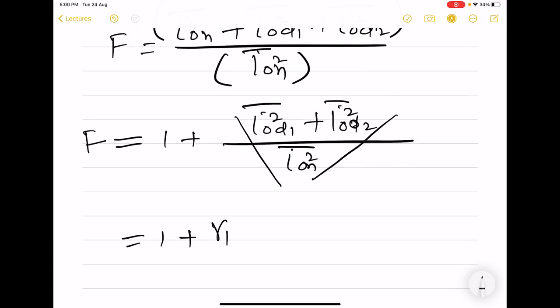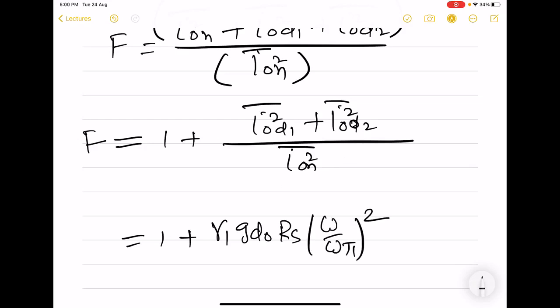So we are going to get this as ratio 1, this as ratio 2. There are going to be two terms. So this first term will give rise to gamma 1 GD0 RS omega by omega T1 whole square. So this is from the first term.